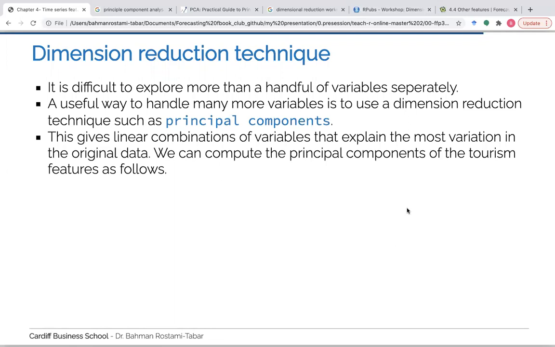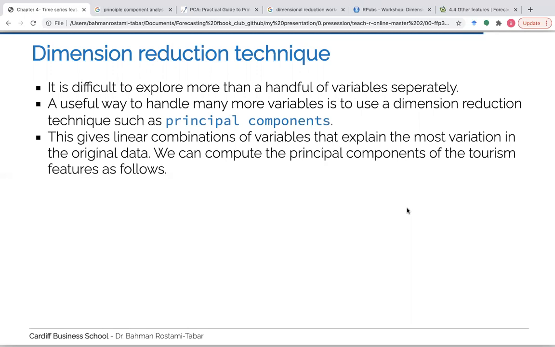And then one way to do it is using principal component analysis. With principal component analysis, you can somehow divide the characteristics into two different categories. This gives the linear combination of variables that explain the most variation in the original data in one category.